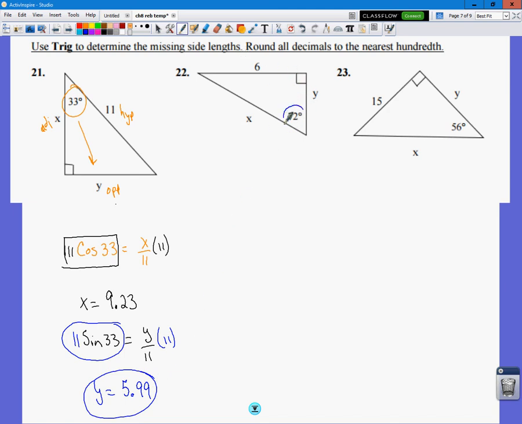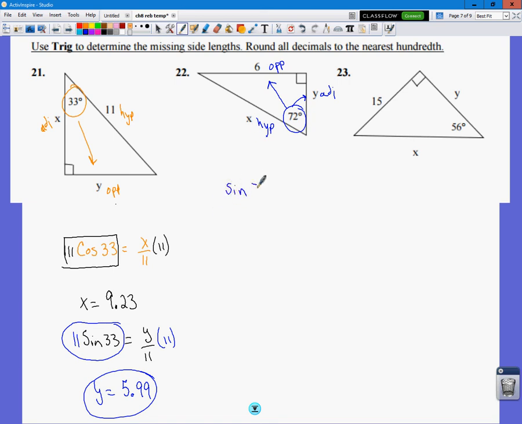Number 22, we start at the 72-degree angle. The 6 is opposite. The y is adjacent. The x is the hypotenuse. If I want to find x first, opposite and hypotenuse is a sine function.